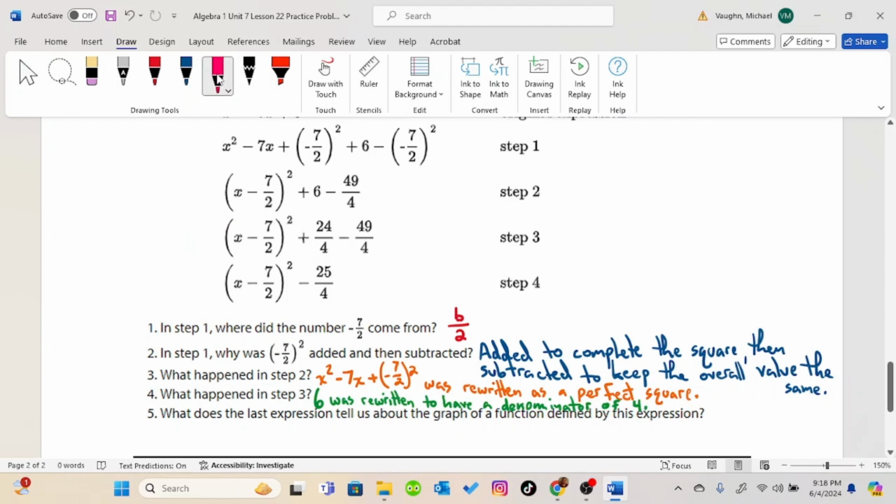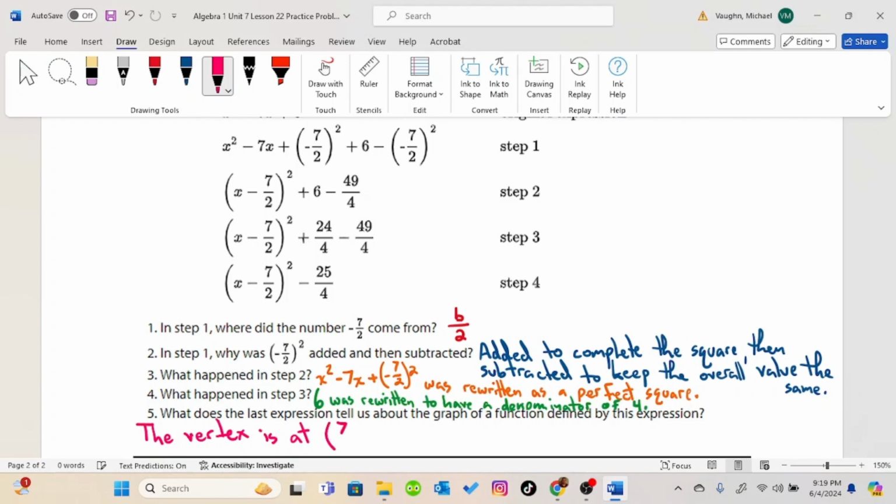And number 5, what does the last expression tell us about the graph of a function defined by this expression? The last expression is written in vertex form. It tells us the vertex is that we want the opposite of what's in parentheses.